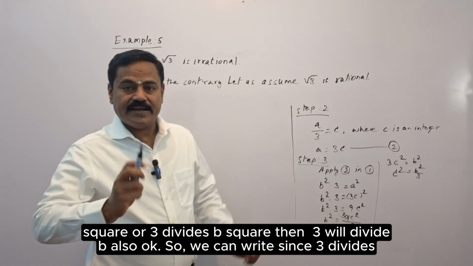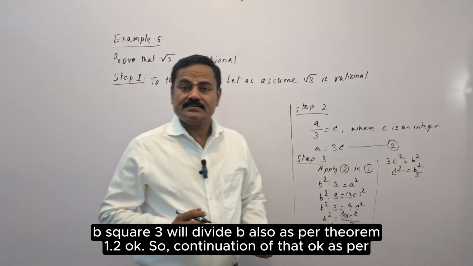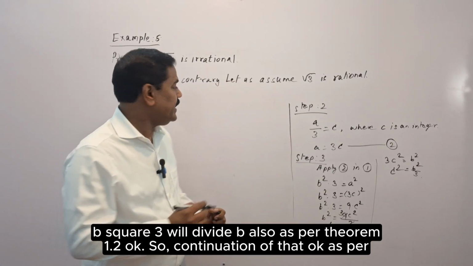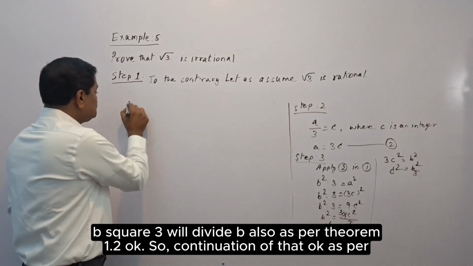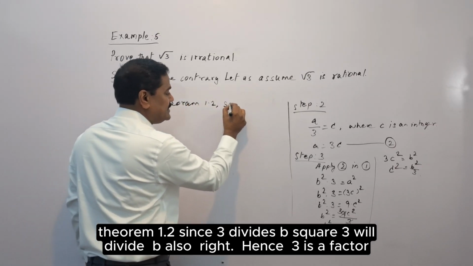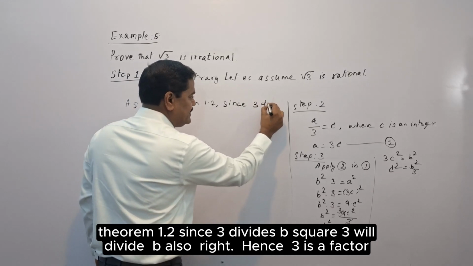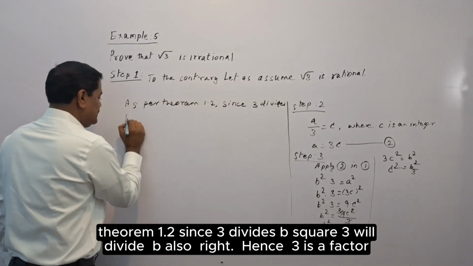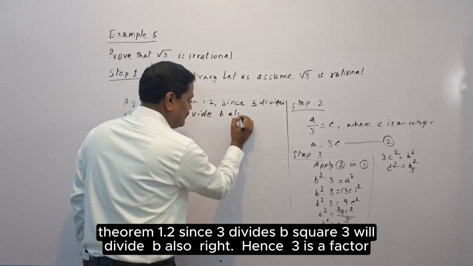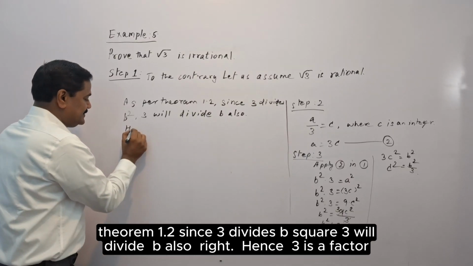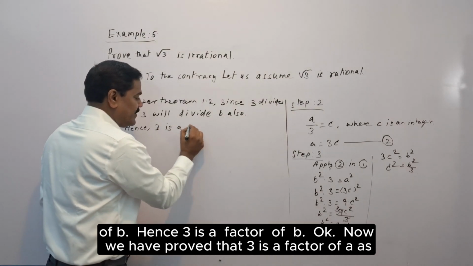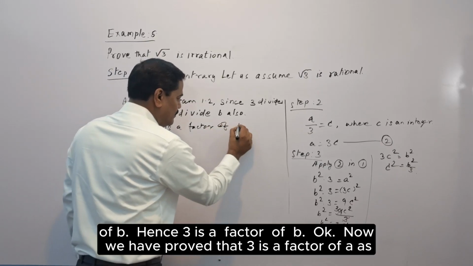So we write, as per theorem 1.2, since 3 divides b square, 3 will divide b also. Hence 3 is a factor of b.